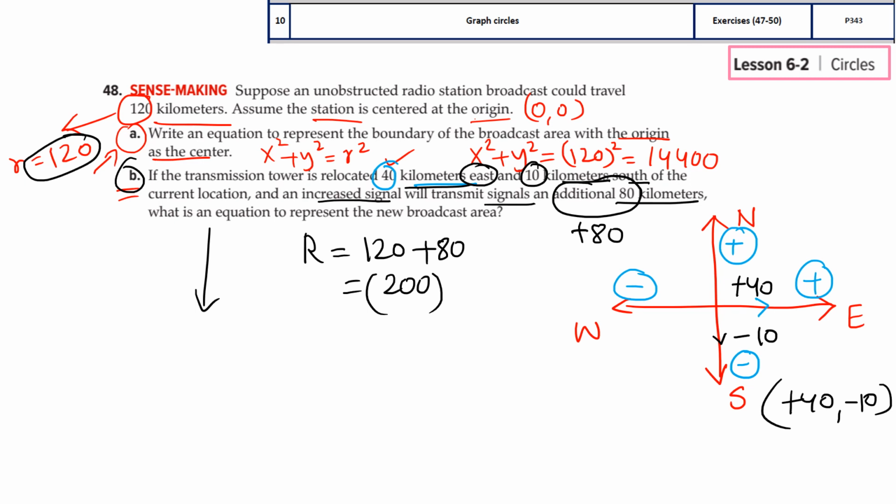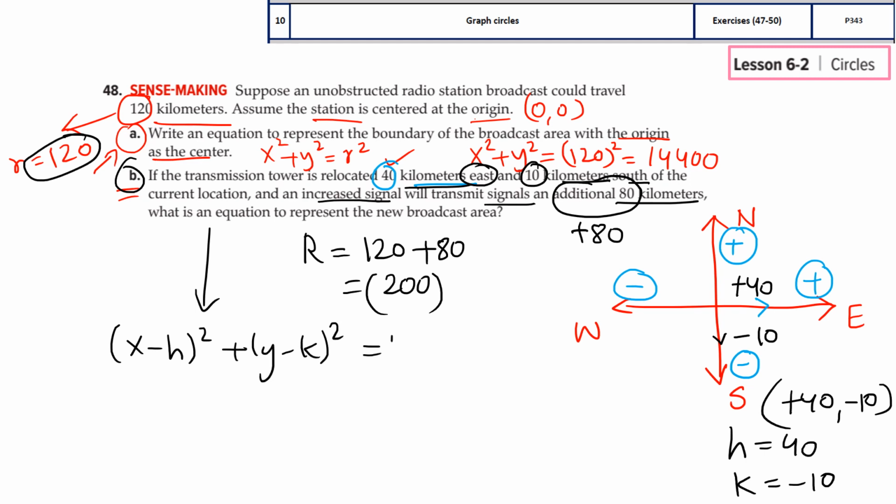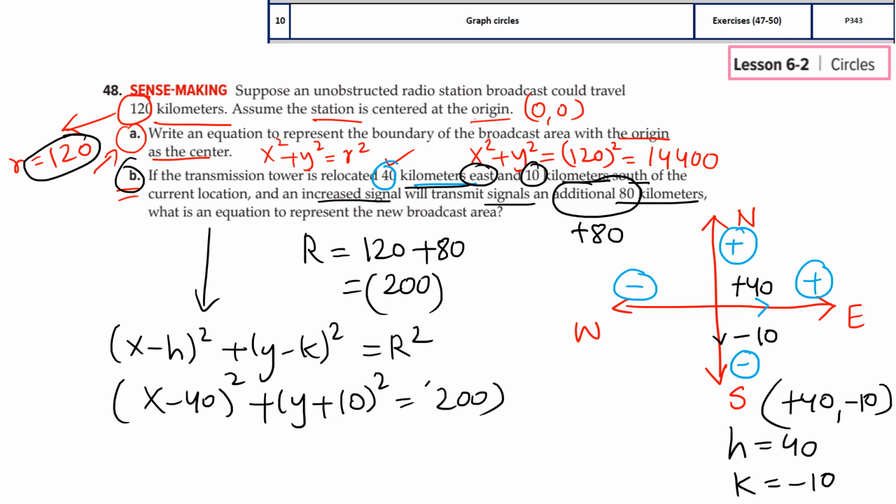So can I say the new center is h equal to 40, k equal to minus 10? Yeah. And now you can write the equation. This is the translated equation with the new radius. So let's plug in. h is 40 square, y is minus 10. So minus k would be minus of minus, plus. Sign will change. R is 200 square.